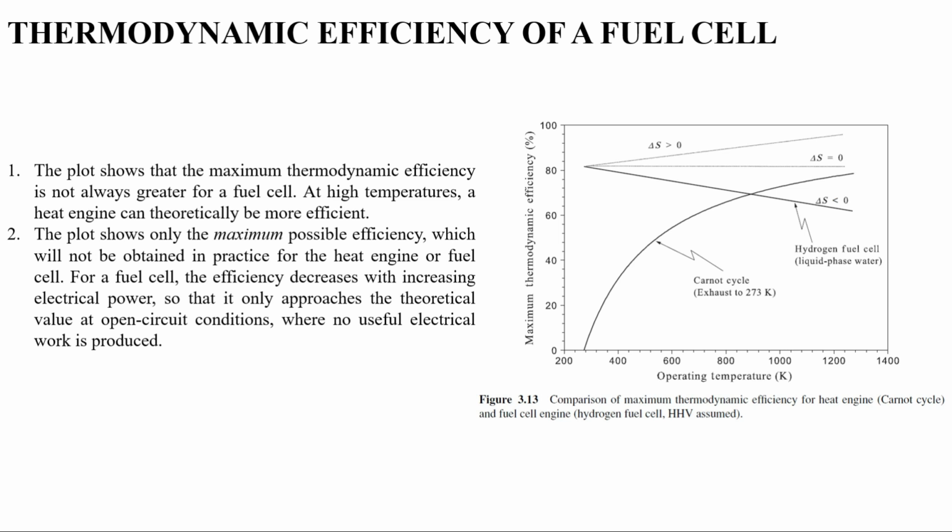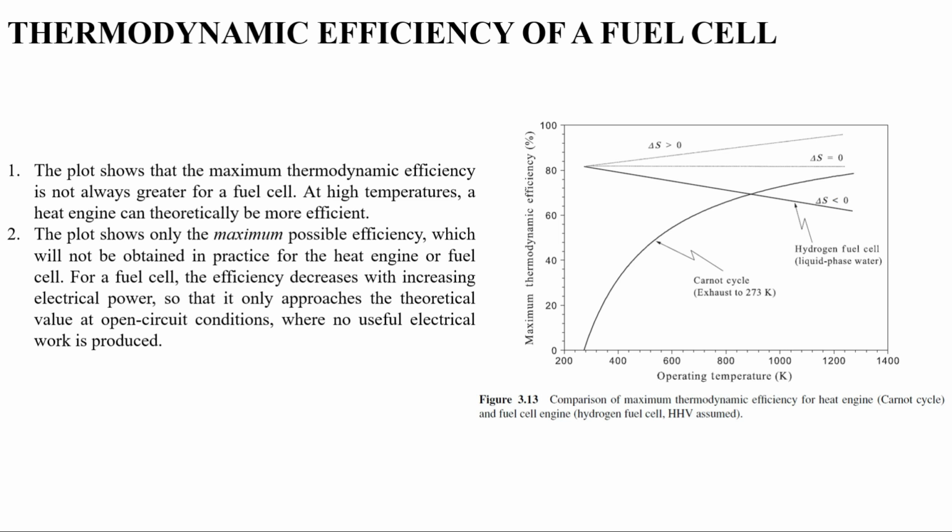From this graph it can be evident that at high temperature heat engines are more efficient than fuel cells, but at low temperature fuel cells are considered to be more efficient, and you can see that from this graph.